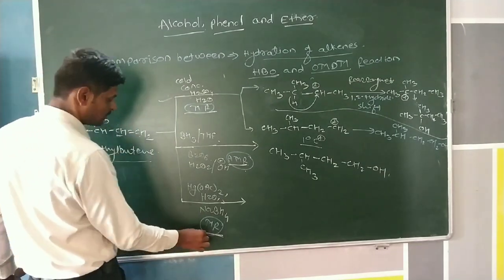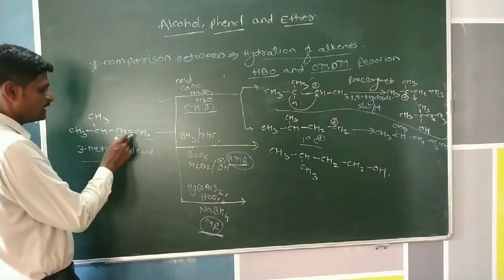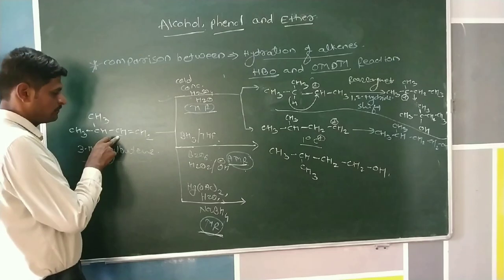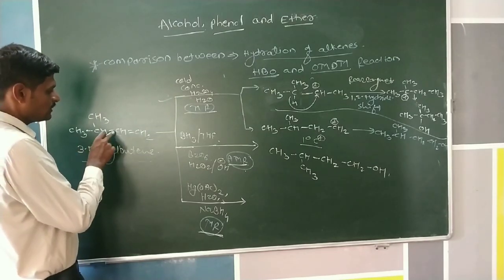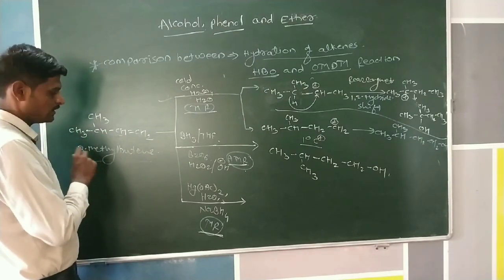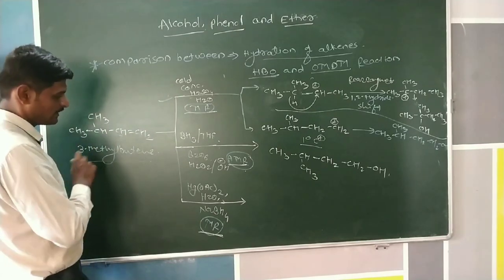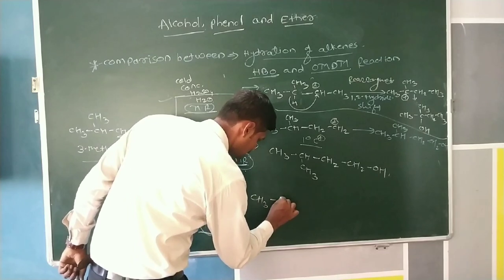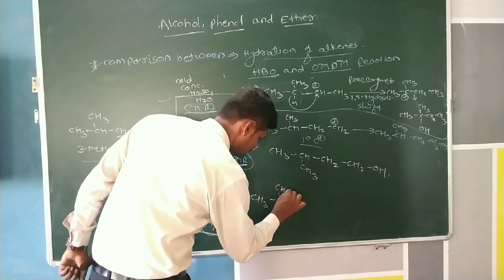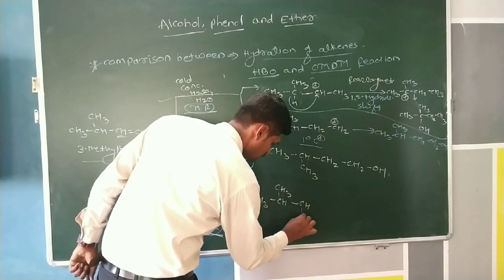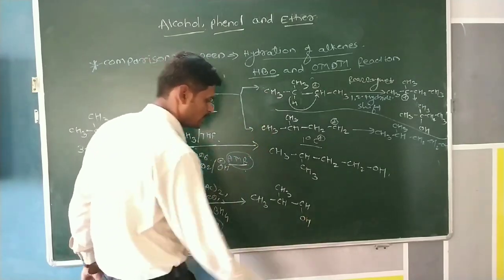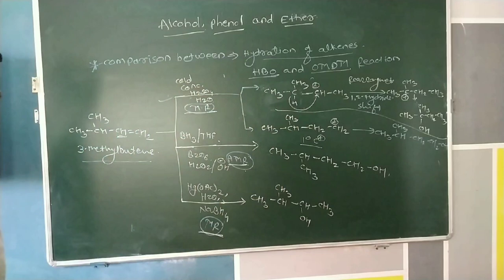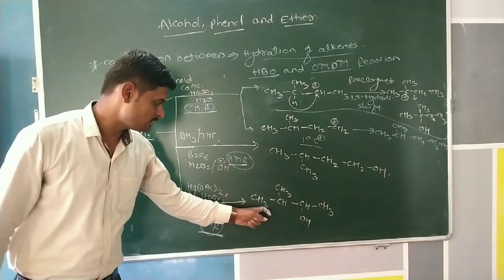Therefore, according to Markovnikov's rule, the hydroxyl is attached to the carbon atom with the less number of hydrogen atoms. Therefore, this OH group is attached to this carbon atom. Then it forms CH3, CH3, then CH, OH attached to this carbon atom, then CH2 gets converted into CH3. This is the product of this reaction.